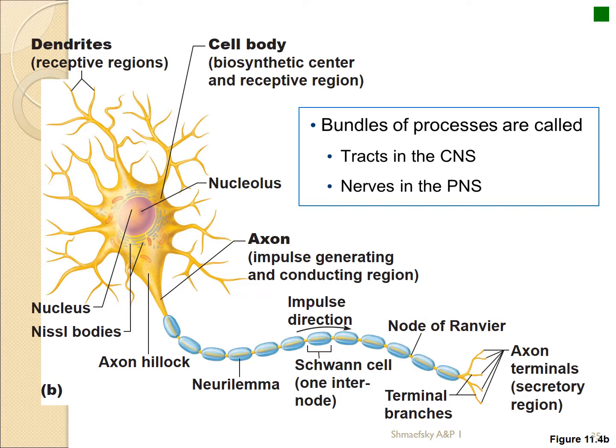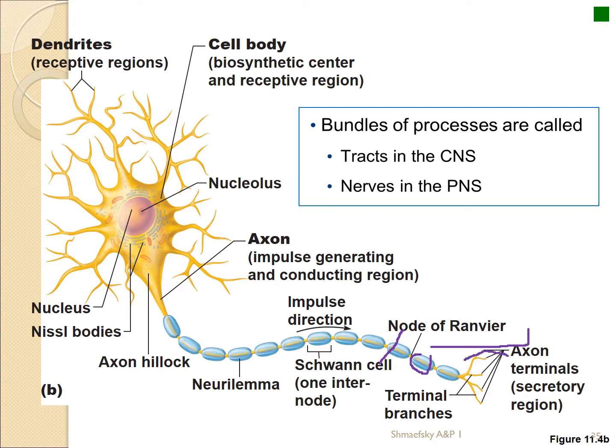So in many neurons, we find glial cells wrapped around them. In this case, in this neuron, this is a peripheral system neuron because it has Schwann cells. These are neuroglia cells, remember, and they leave these little gaps called nodes of Ranvier. We'll look at the significance of that in a minute.